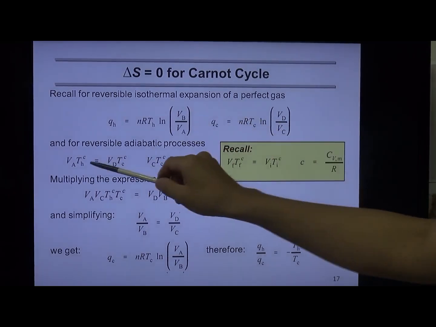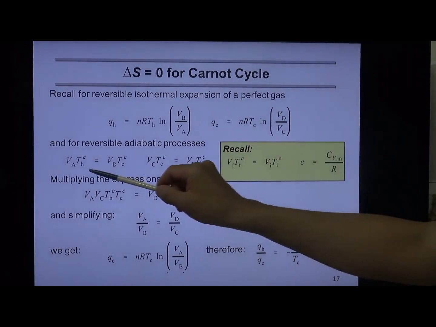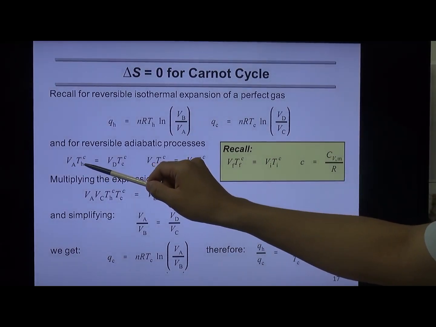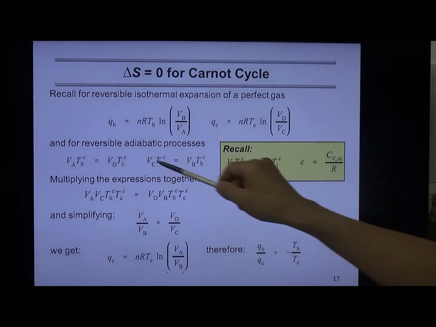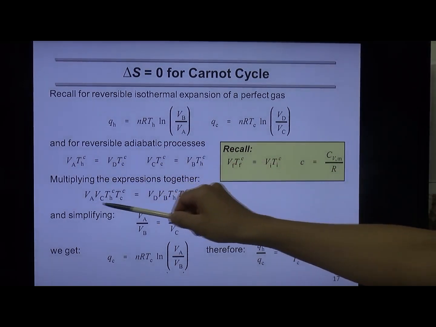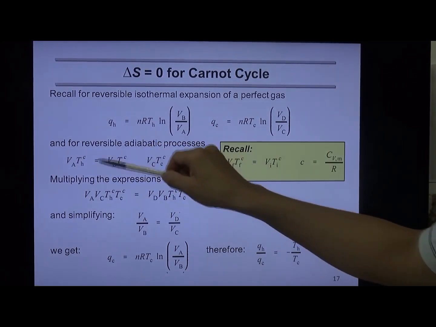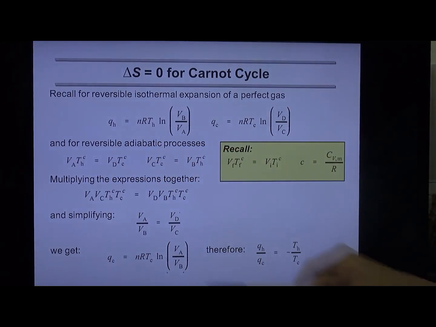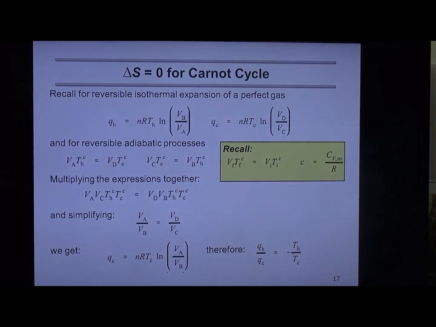These two equations. Alright. If you multiply these two equations together, left side together, right side together, then you get this expression, right? You just multiply this by this, okay? Then you get this. You can simplify by removing these two, okay?